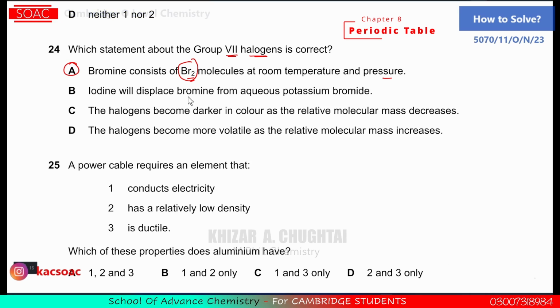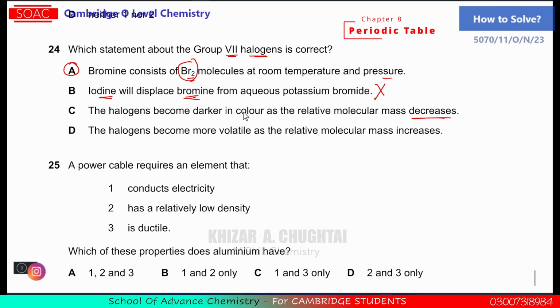Iodine will displace bromine. No, iodine cannot displace it because iodine is lower in the group and has less reactivity. So it cannot displace bromine from any compound. C, halogens become darker in color as the relative molecular mass decreases.